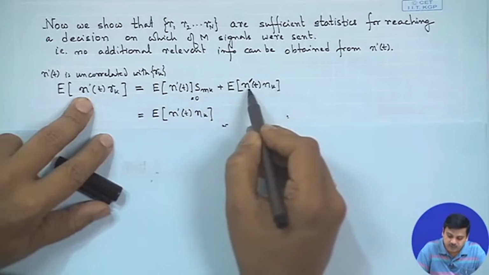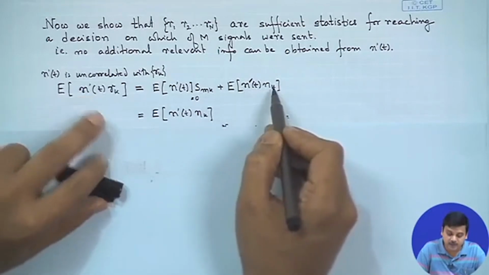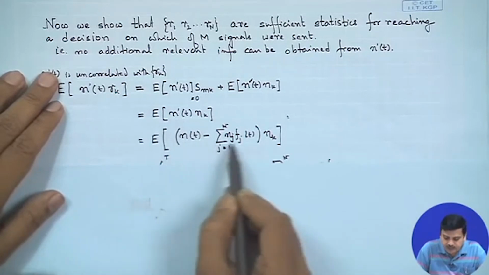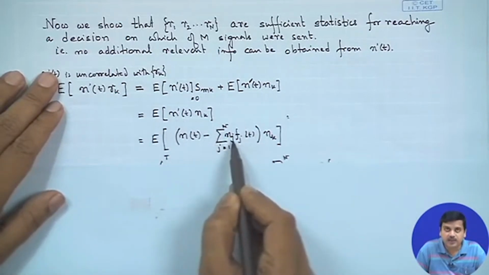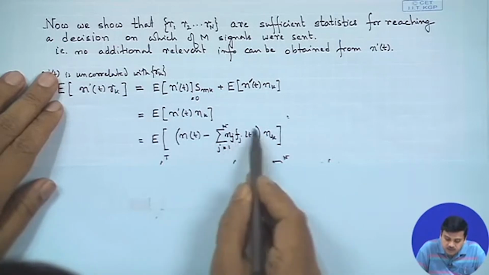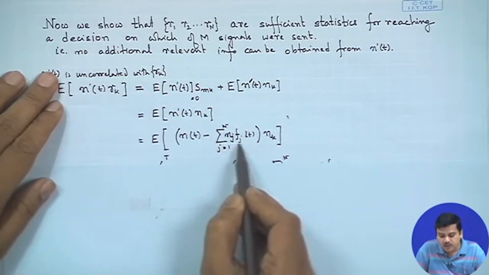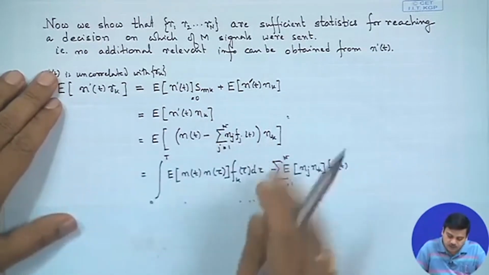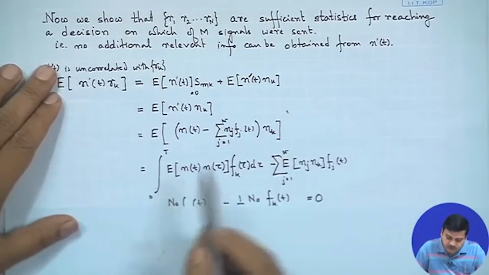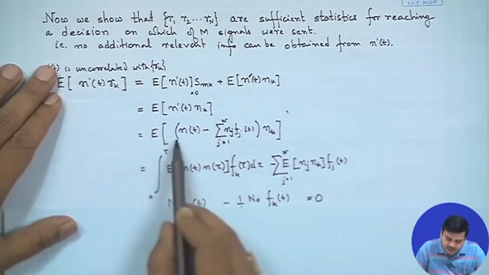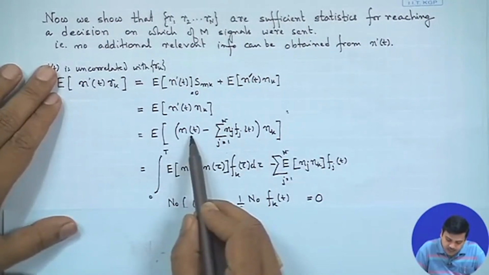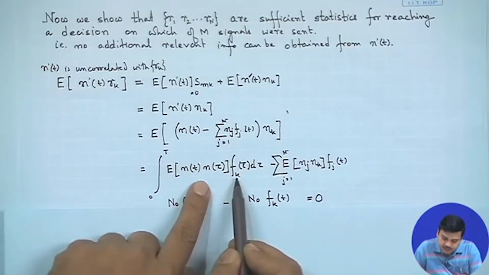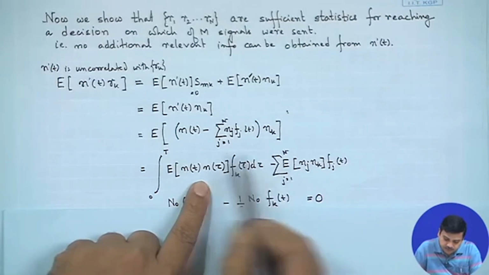So, now we have the expectation of n prime and n k, right. When we do that, we have to expand n prime, which is n t minus the expansion of the noise. So, we are talking about the expansion of the noise in terms of the basis set, and n k is over here. So, moving further, we have the expectation of n t multiplied by n tau times f k t as one of the components in the expectation.